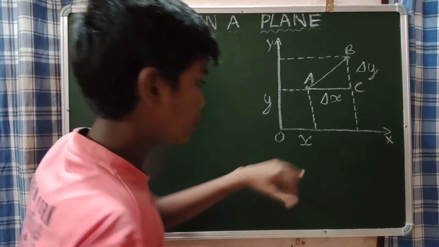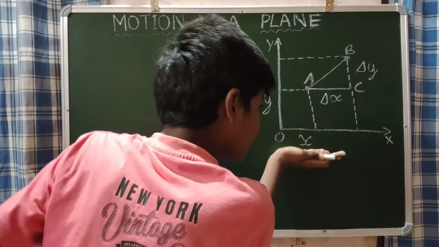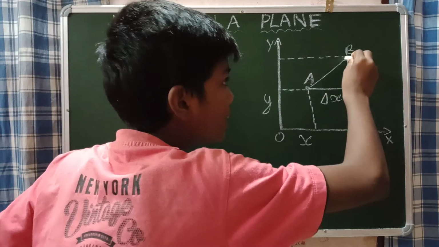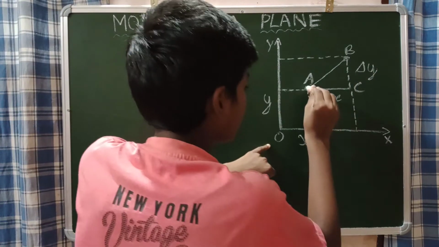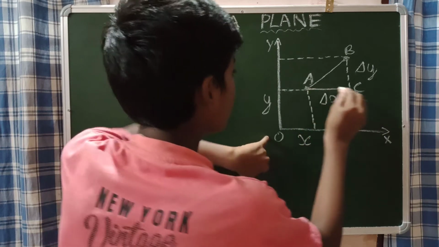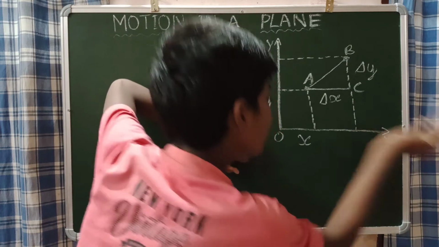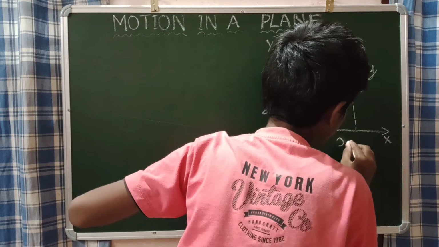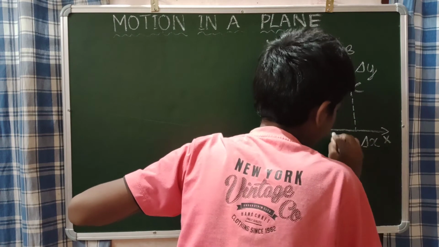That will be equal to this x plus this delta x. Why? Because from origin to position A it is x, and from the position A to this point C, that is delta x. So the x coordinate will be x plus delta x.